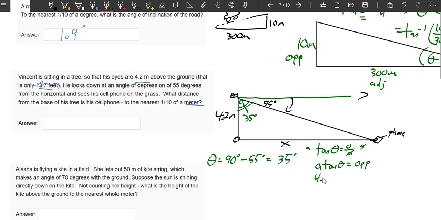My adjacent is 4.2 meters times the tan of 35 degrees. 35 degrees tan is 0.7. And if I multiply that by 4.2, I get 2.94 meters. To the nearest tenth of a meter, I would write in here 2.9.